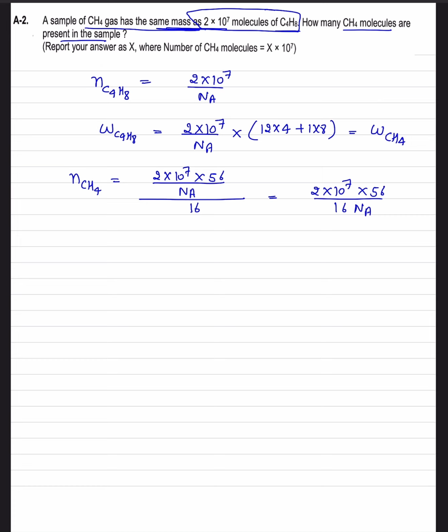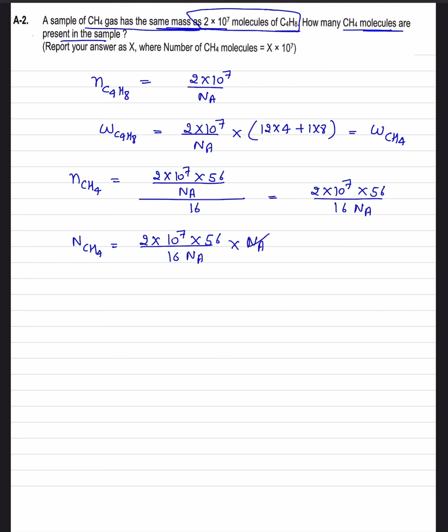We got the moles, but what are they asking? Molecules. So how to get the molecules? Number of moles of CH4 multiplied with Na. Yes or no? Yes, sir. So 2 into 10 power 7 into 56 by 16 Na into Na.